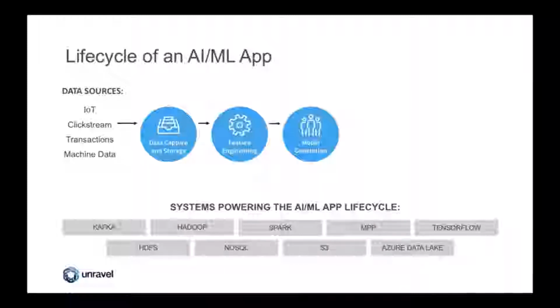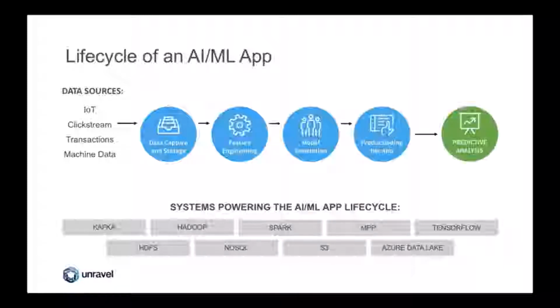Then these models have parameters that might need to be trained. Once we have all of these in place, that's when the final step of productionizing the app comes, which might involve running the app continuously as new data comes in, keeping these apps up to date. And this part is what powers all the predictive analysis.